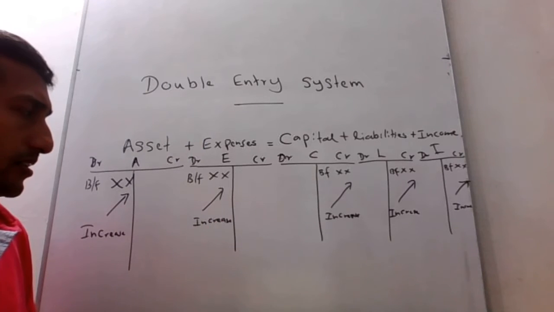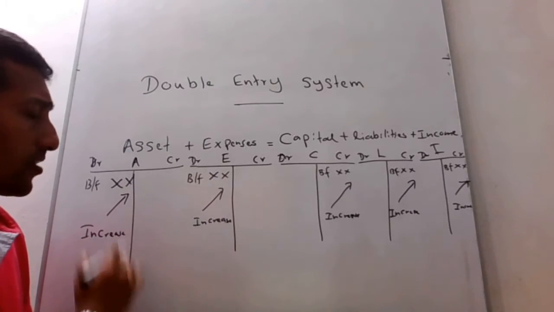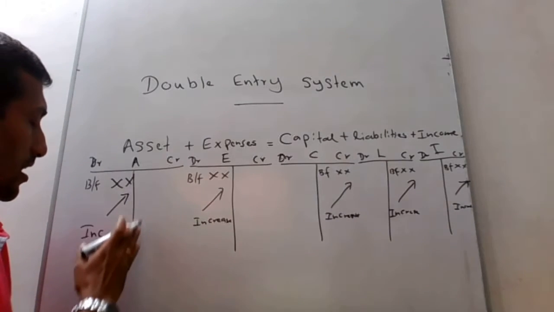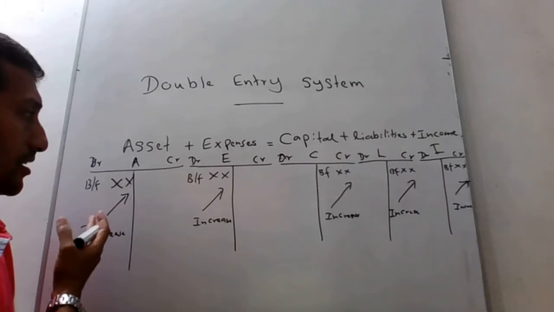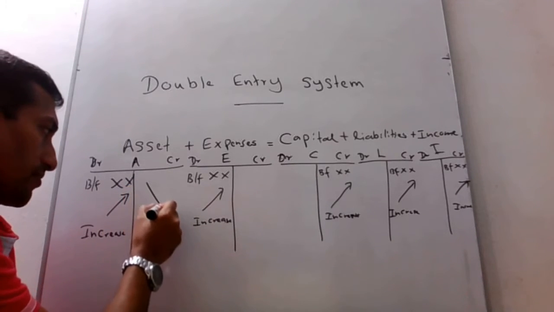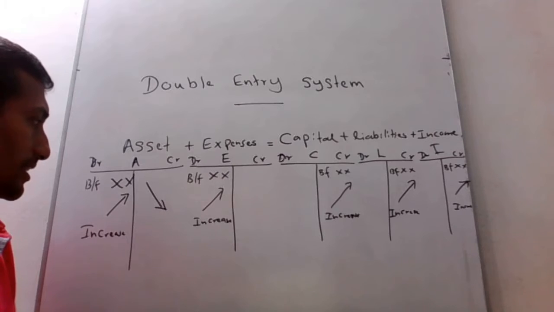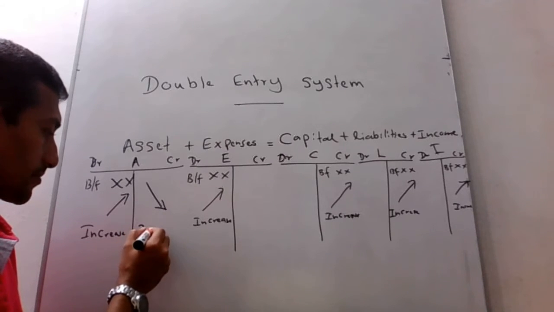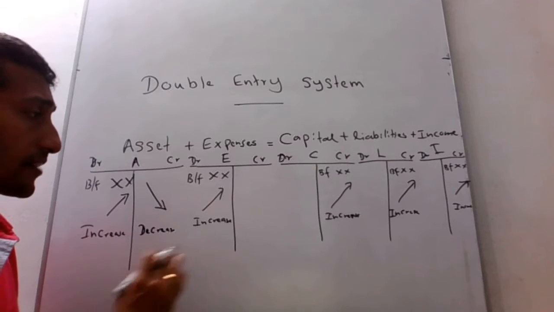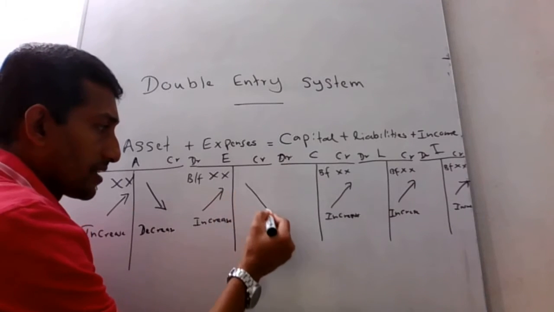Right. Now, if I want to reduce an asset, since debiting it will increase it, I need to credit that account. So if I want to reduce, I need to credit. Same if I want to reduce an expense, I need to credit.